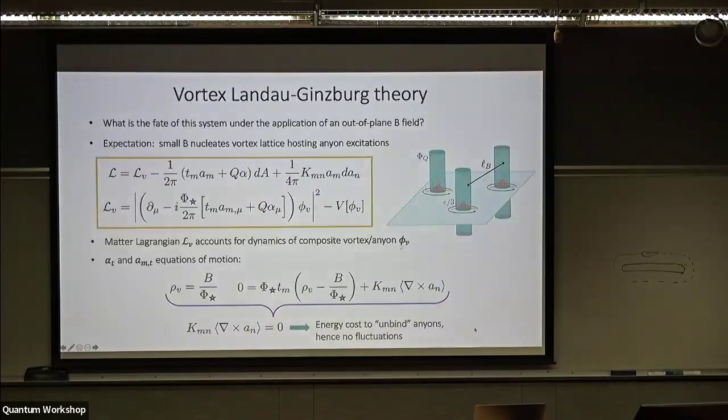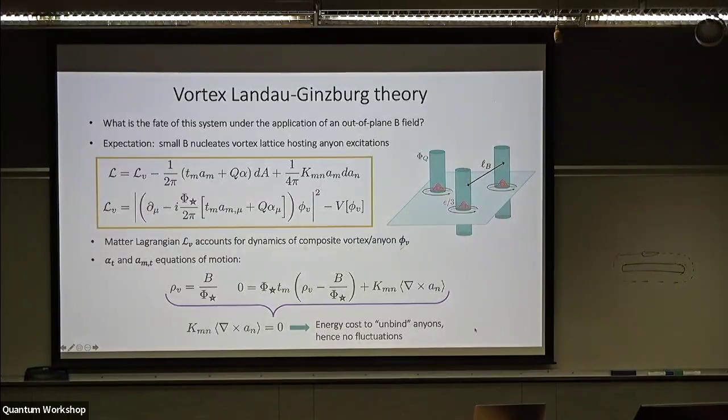Okay, so what is the fate if we just apply an out of plane magnetic field? The expectation is that at small enough magnetic fields, this is going to nucleate a vortex lattice that also hosts these anyon excitations. So now we have these excitations with some non-trivial braiding in addition to the vortices.